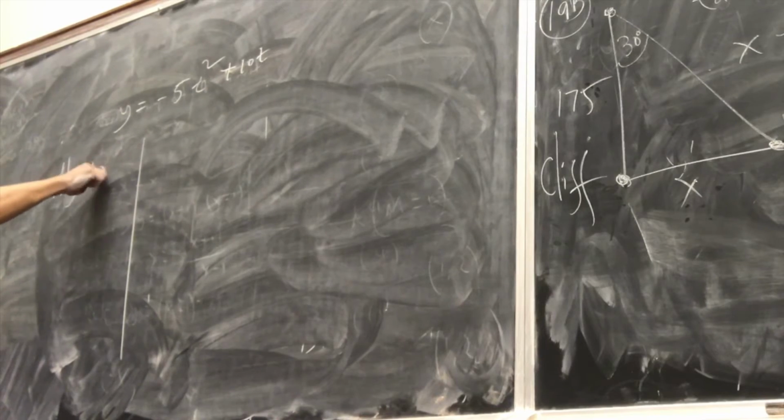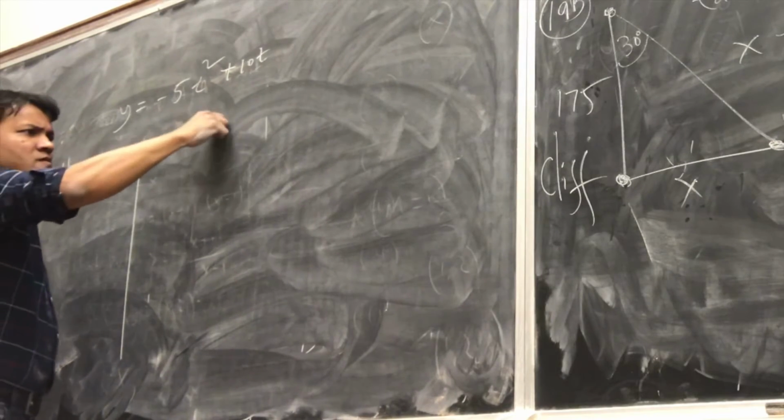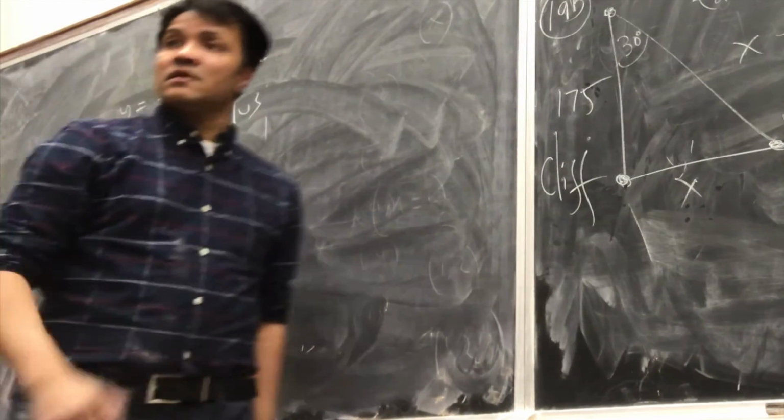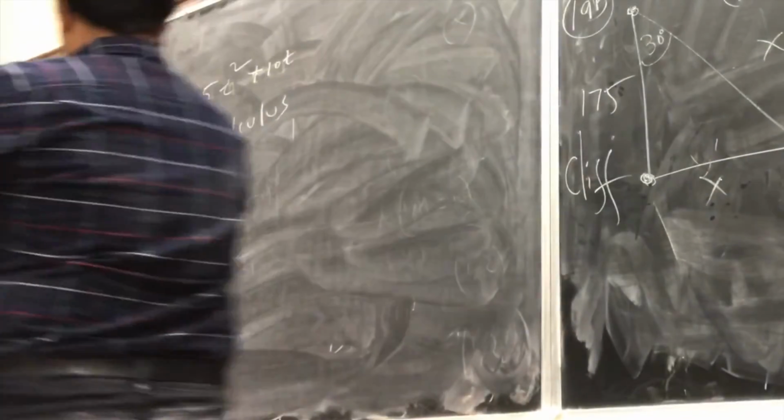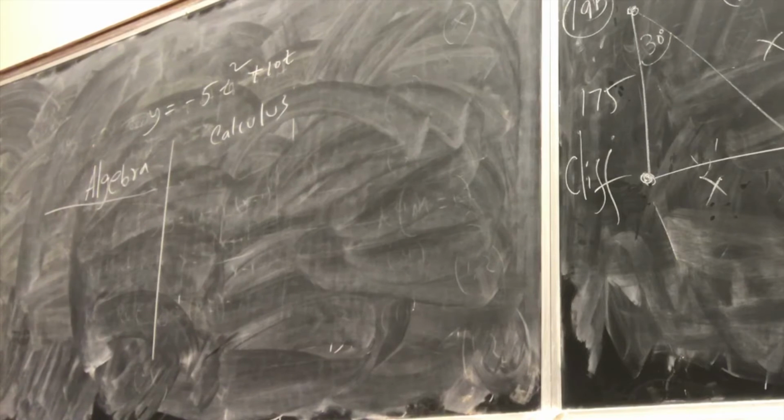Can we use the power rule to solve that? Yeah, we're going to use the calculus in a second. All right, so algebra. People who did solve it, don't talk. People who weren't here last time, tell me what is the algebraic equation to solve this one? x equals negative b over 2a.